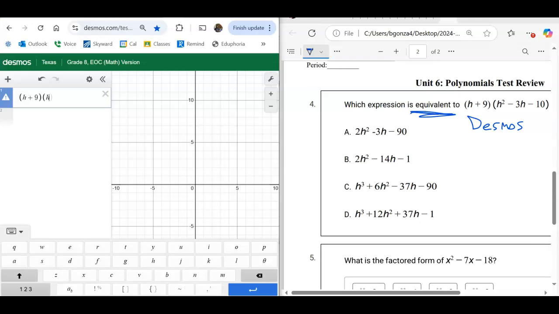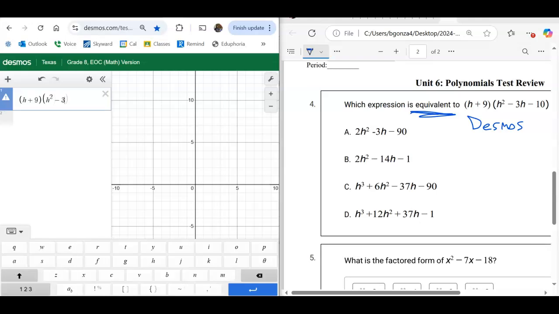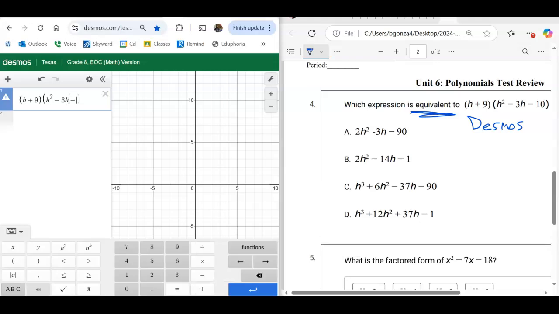Then you got H squared minus 3H minus 10. Okay, set H equal to something like 2.